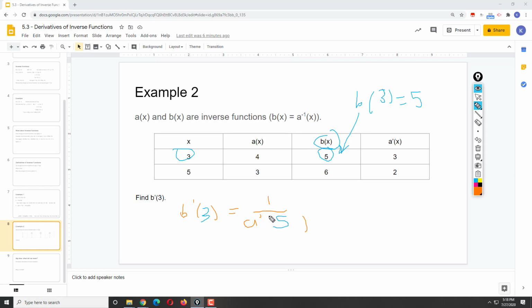In other words, b prime of 3 is 1 over a prime of 5. Next up, we want a prime of 5. We look in the table, a prime, and we want x equals 5. So a prime of 5 equals 2. So I can replace a prime of 5 with 2. Therefore, b prime of 3 must be equal to 1/2.